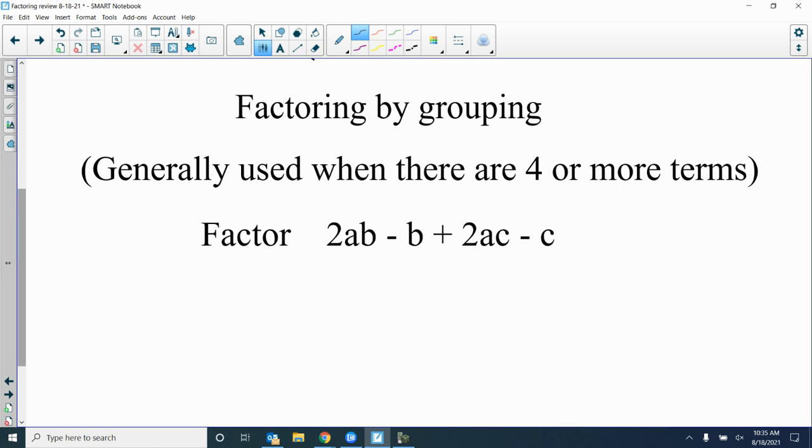All right, first thing you look for is a GCF. Take a look at every term. All right, Carter, is there a GCF for all 4 terms? Is there anything that's in common to all 4? No. All right, good.